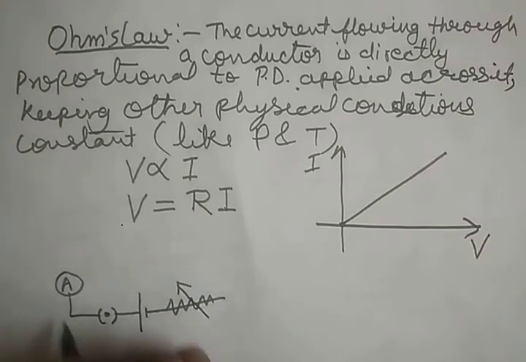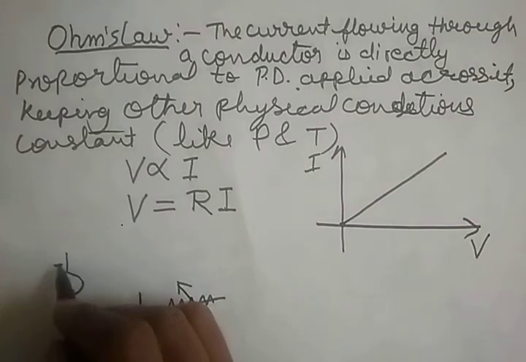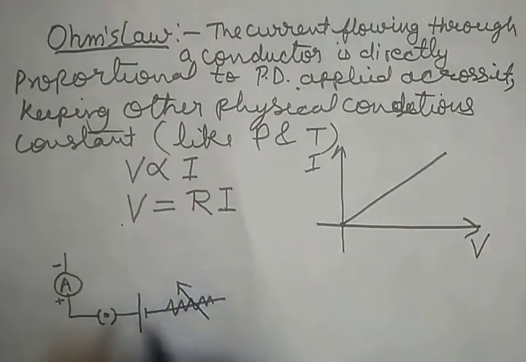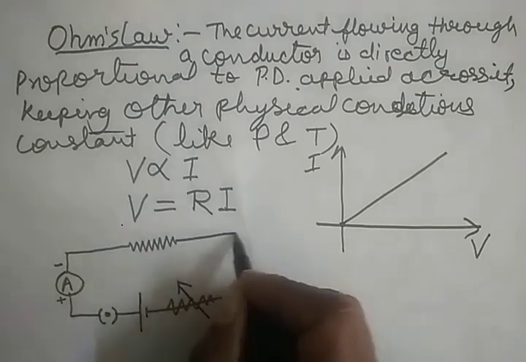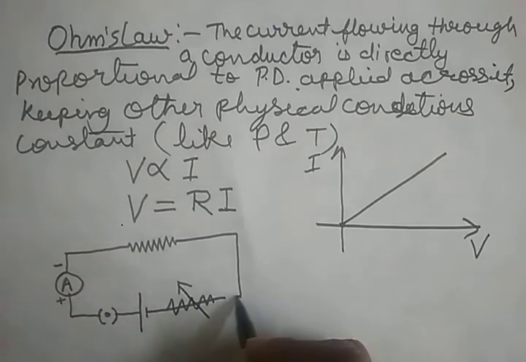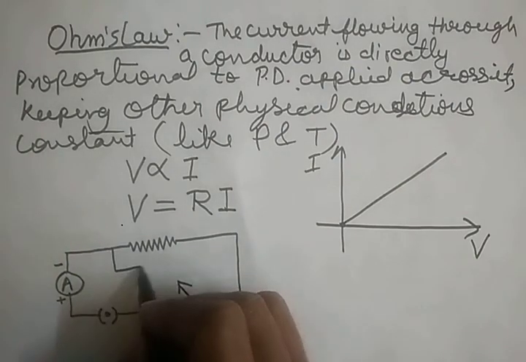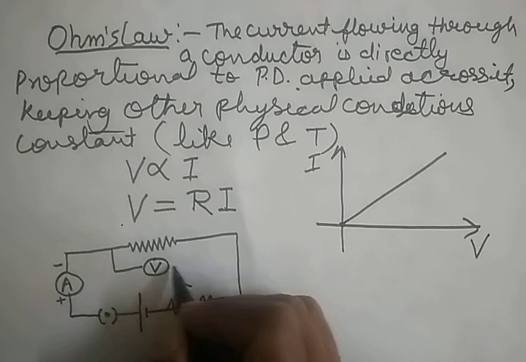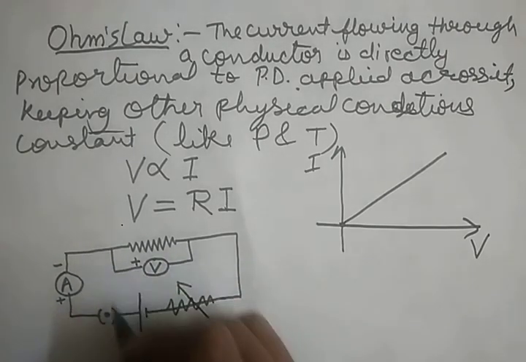Here we have an ammeter, we will connect positive. It is not that positive repels, it is a symbol that you have to connect this positive to the positive terminal and the other to negative. It will come from here, and here we have that device, that resistor, on which we are verifying this Ohm's law, and across it we will apply potential, this voltmeter, positive on this side, negative on this side.